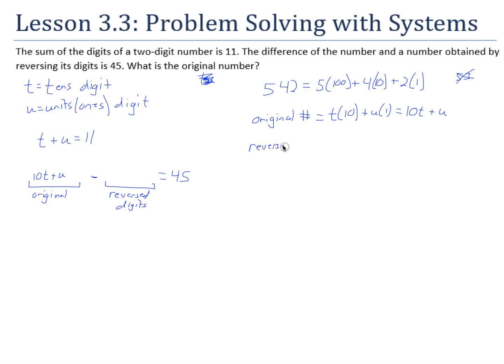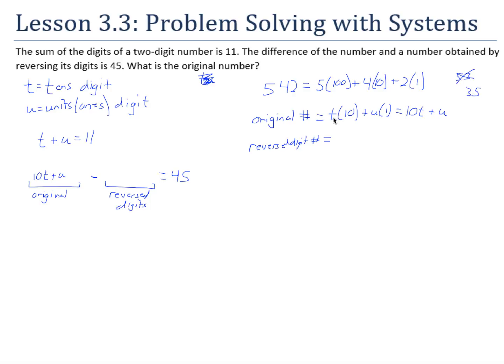So reversed digits number. Well, in order to reverse the digits, we take our tens digit and put it in the units. So if we had this 53, our reverse would be 35. So we're actually taking our original units and putting it with the tens, and our original tens and putting it to the units.